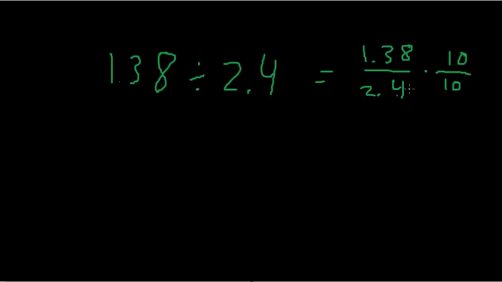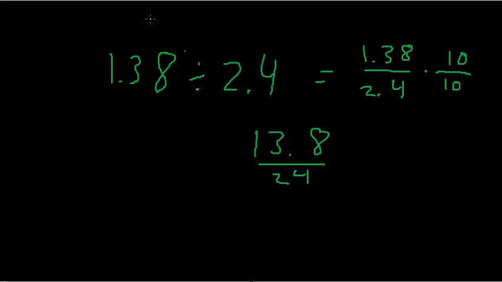So what I have now is 13.8 divided by 24. This is the same problem as 1.38 divided by 2.4. This will also make our division much easier. When we're doing our long division, it'll help us know where to put our decimal point.